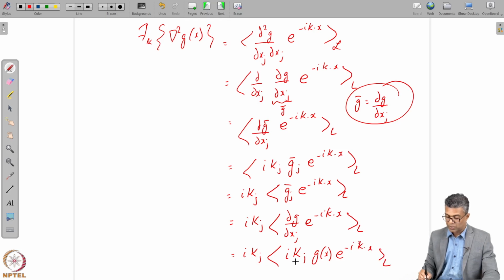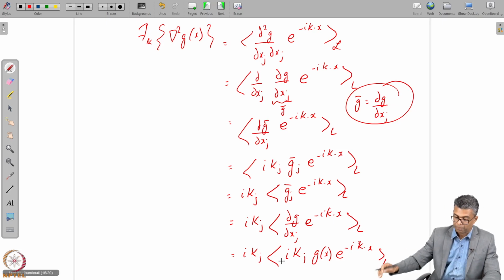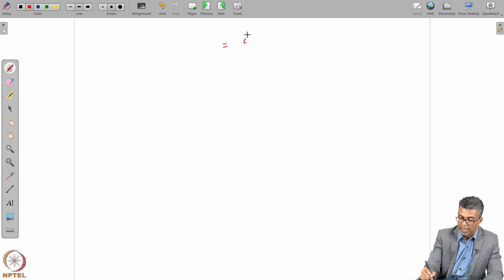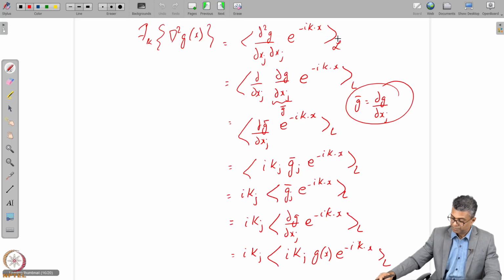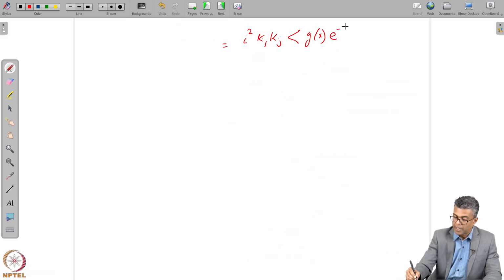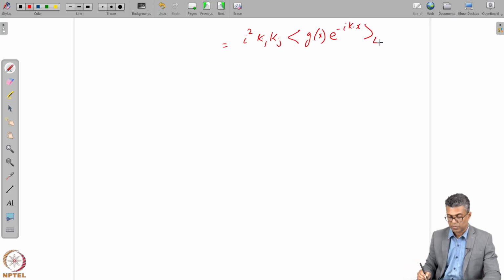So now I have this i kappa_j again coming out of the volume average, so I'll have i squared kappa_j. Going to the next page, I'll have i squared kappa_j, and then this g of x e to the minus i kappa dot x over L, like this.